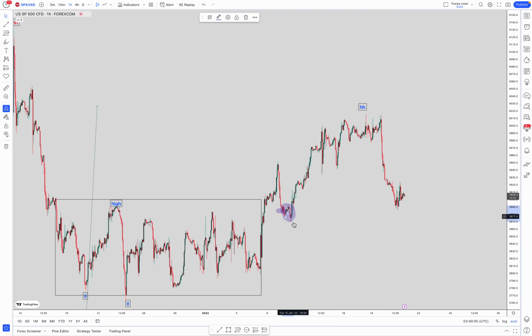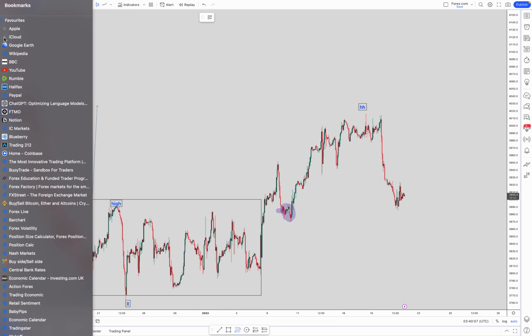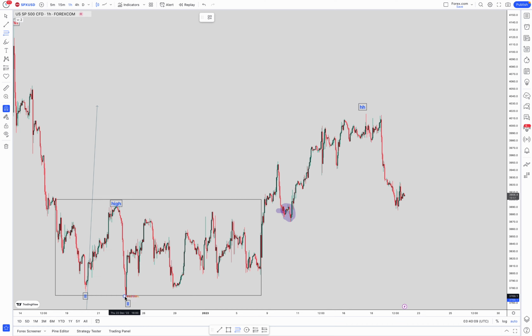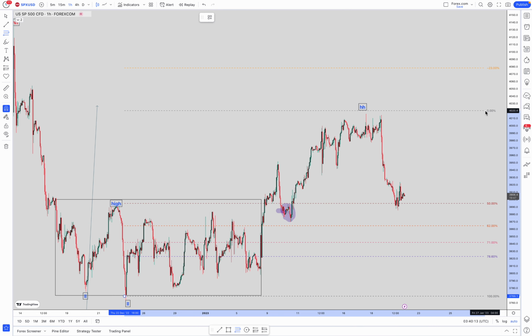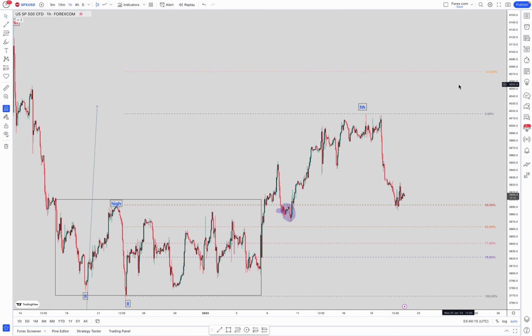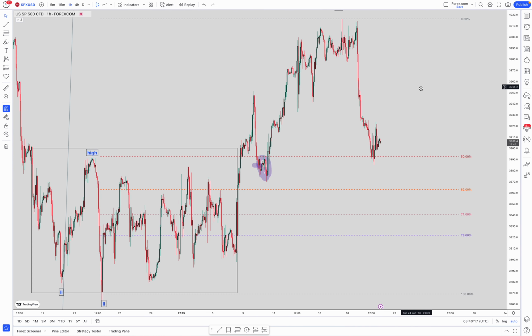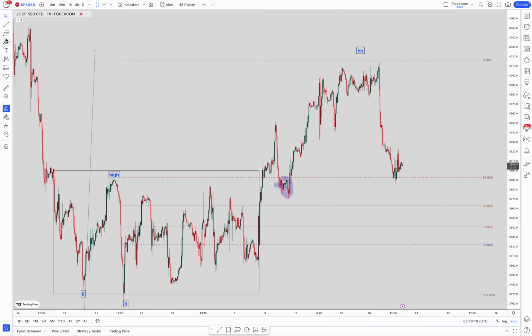We haven't retraced enough. So we go from the lowest low to the highest high, and technically we are on the 50% level right now.